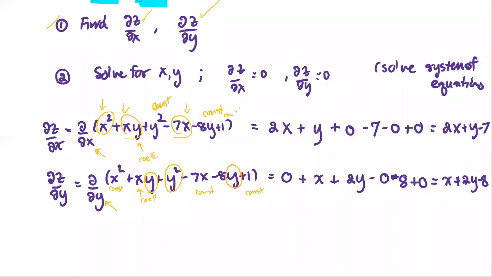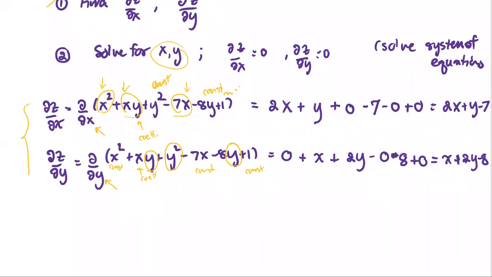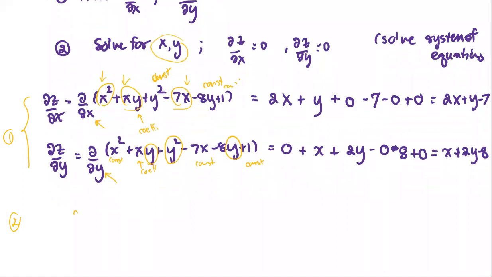Next, we are going to solve for x and y by letting each one be 0. That was step number 1. In step number 2, we set the partial of z with respect to x equal to 0 and the partial of z with respect to y equal to 0.